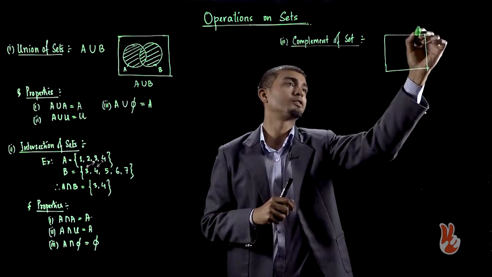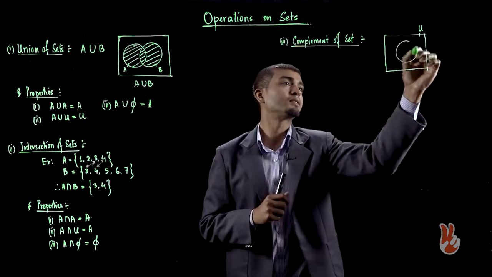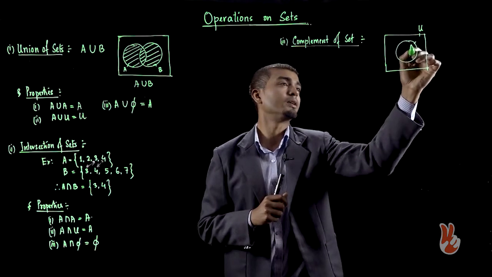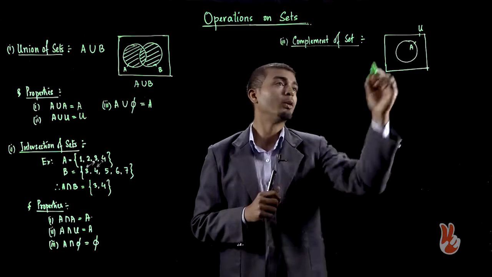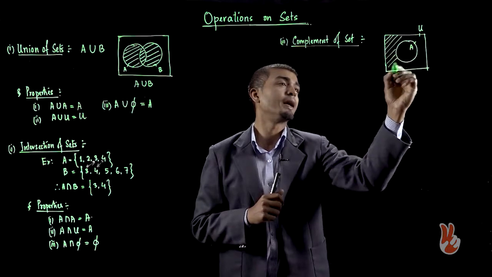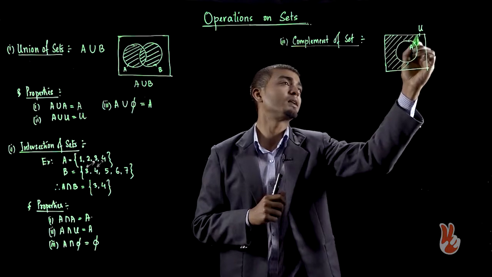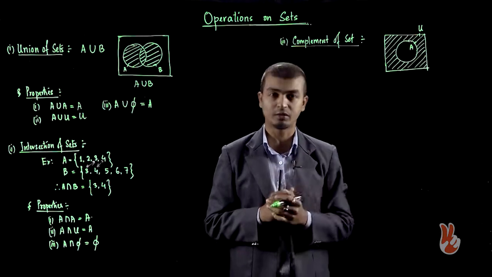Suppose this is the universal set U, and inside it there is a set, suppose A. Then the complement of A will be the entire area which is lying outside that set A in the universal set.